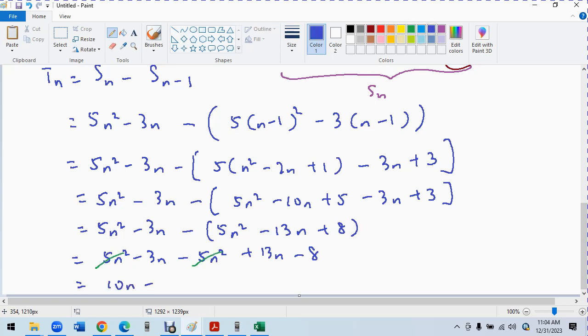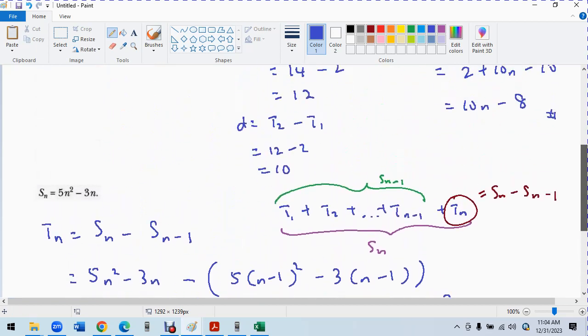Then we have 10n minus 8, which is the same as the first method's 10n minus 8.